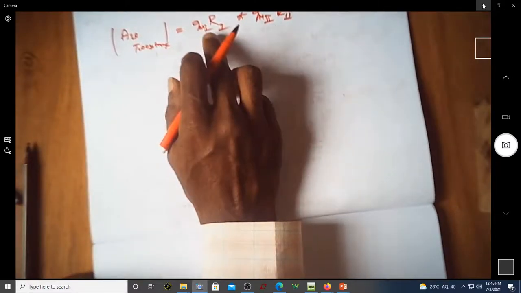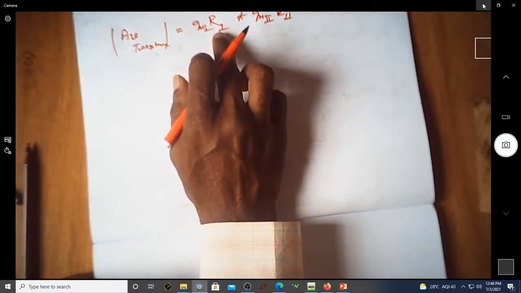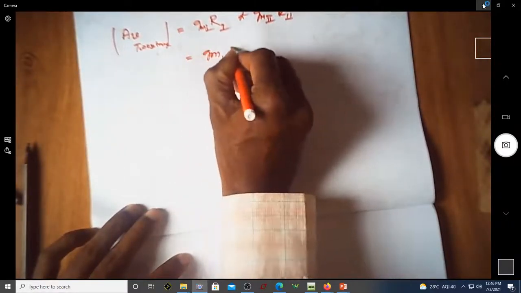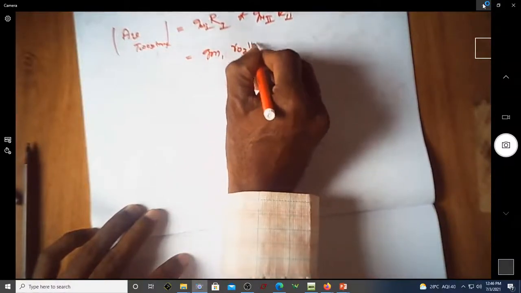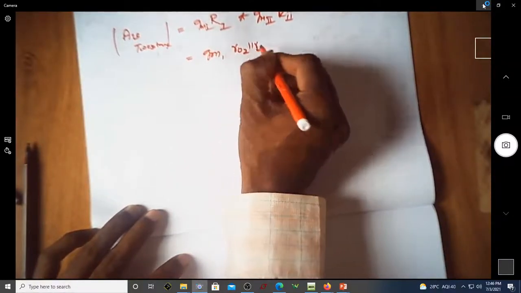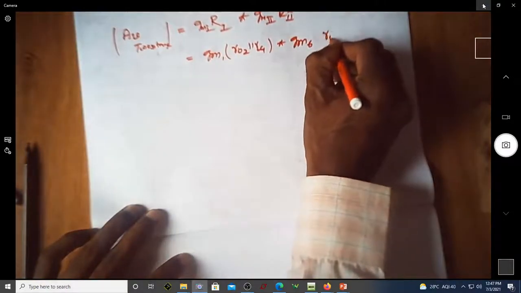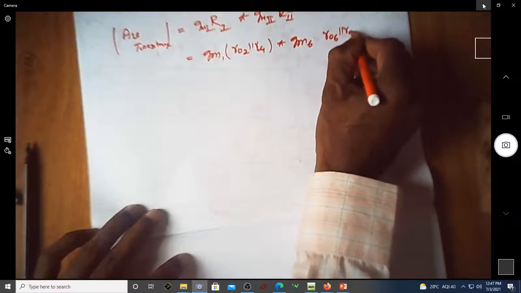This expression for the overall voltage gain of the two-stage op-amp, GM1 R1 and GM2 R2, can be further written as GM1 R02 parallel with R04 multiplied by GM6 R06 in parallel with R07.